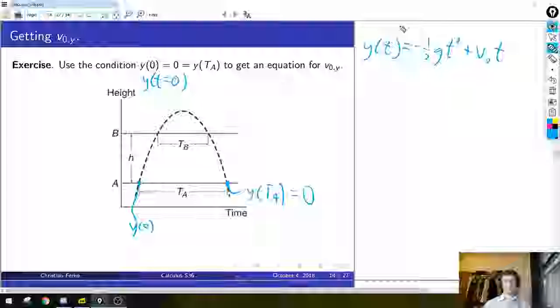Or said differently, now that we have this equation that tells us what height the object is at each point in time, what does it tell us if we plug in ta to this equation and demand that the result be 0? What condition do we get? It tells us that the constant must also be 0.